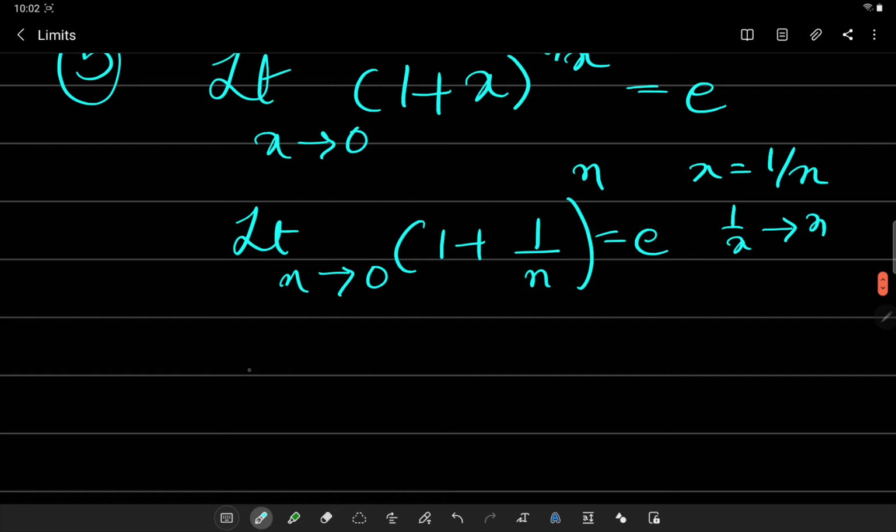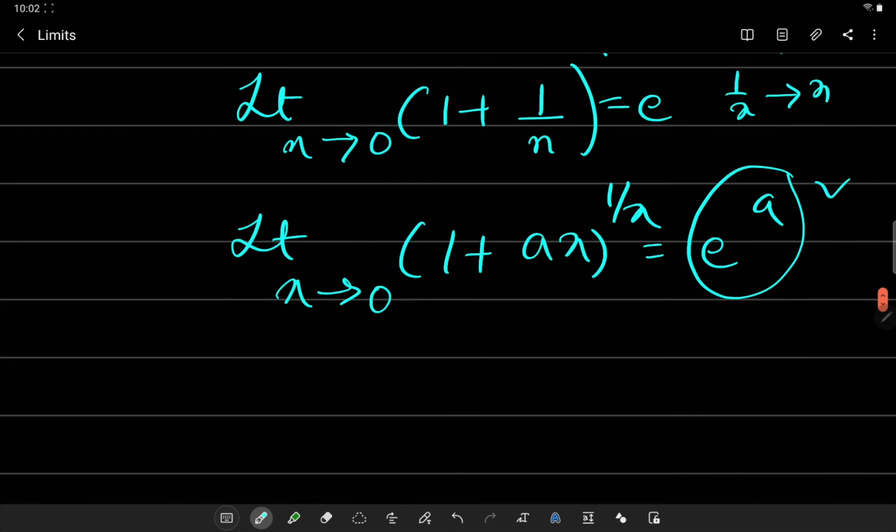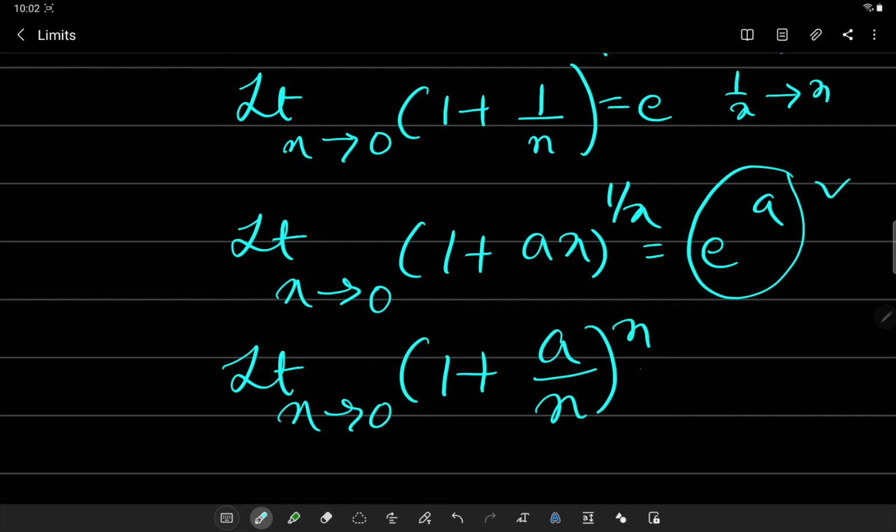Now, if there is a coefficient a with x in this formula, this will be e power a. Here, since a is 1, it is e power 1. Next, limit of (1 plus a by n) whole power n is e power a.